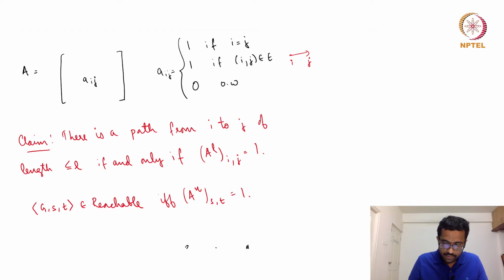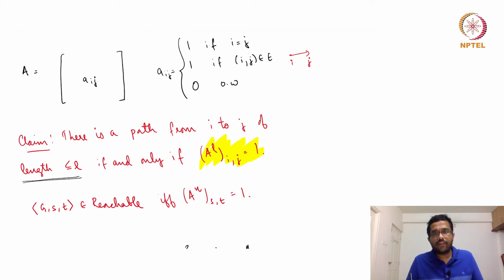The claim is that there is a path from i to j of length at most L in the graph G if and only if you take the Lth power of A and its ijth entry is 1. This can easily be proved using induction.